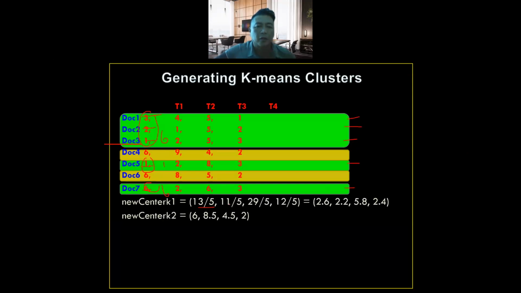I take the average also for T2, T3, and T4. So the average will be this, and this is considered your new centroid. Similarly for cluster 2, I take the average of these two, documents 4 and 6. So this is your new cluster.